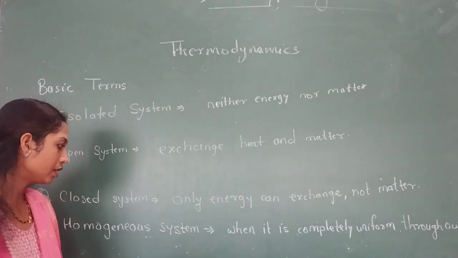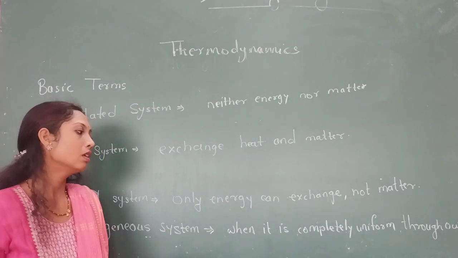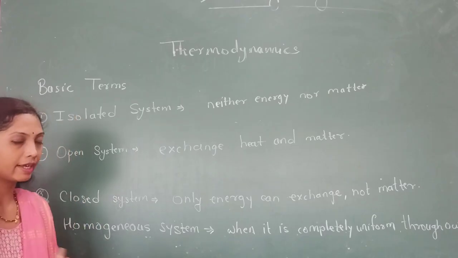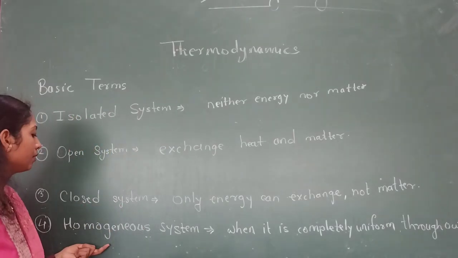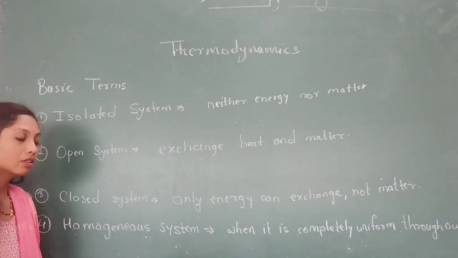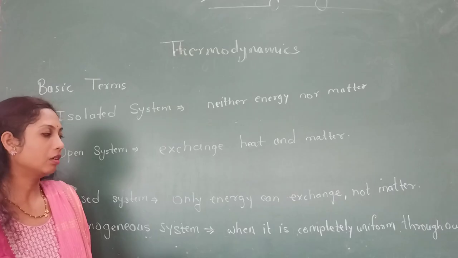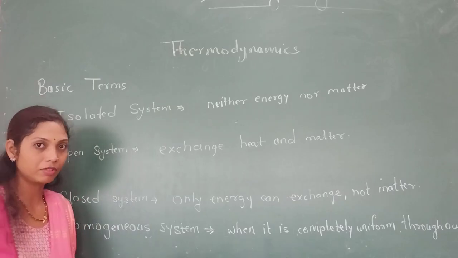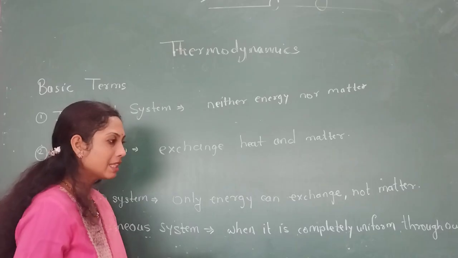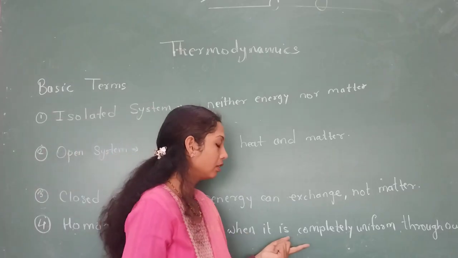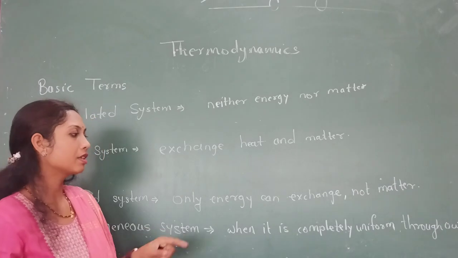Means if the reaction is carried out in the solid phase, then all the reactants should be in solid phase. So this system will be known as homogeneous. If you are carrying out a reaction in a gaseous phase or liquid phase, then all the reactants and products are in the same phase. Then such a type of system is known as homogeneous system.